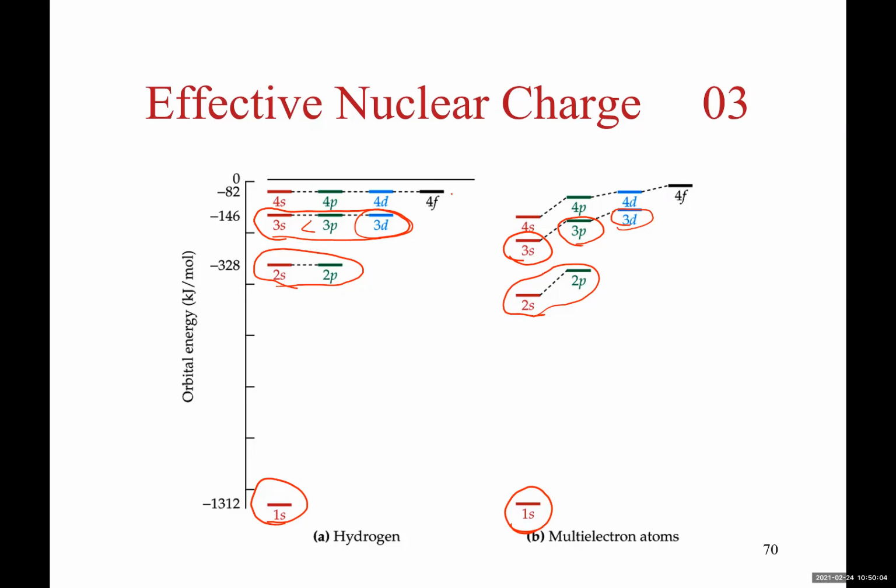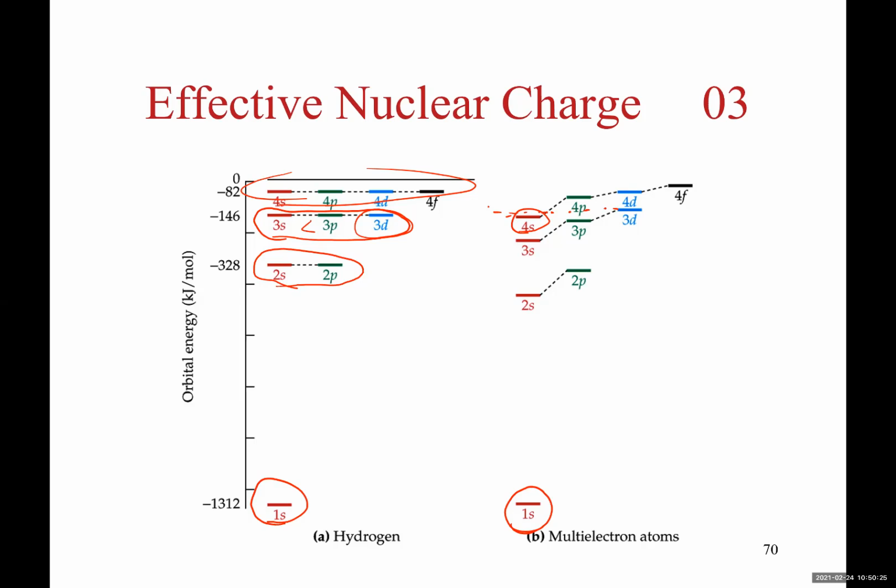And the same thing about the fourth shell. Look, if you compare the energy of 4s, this is 4s energy. Let me get rid of the other ones. And 3D has slightly more energy than 4s.